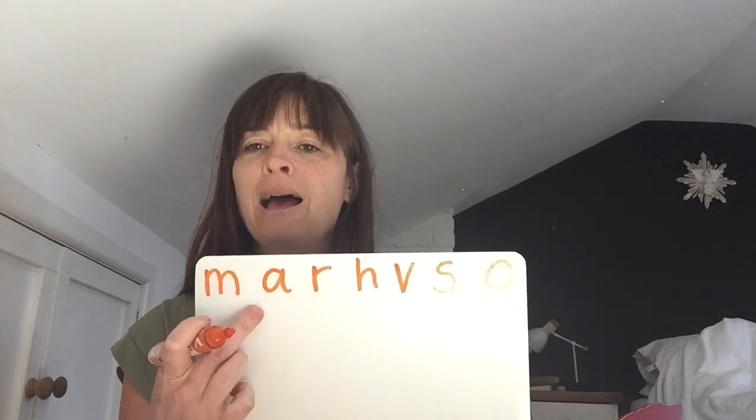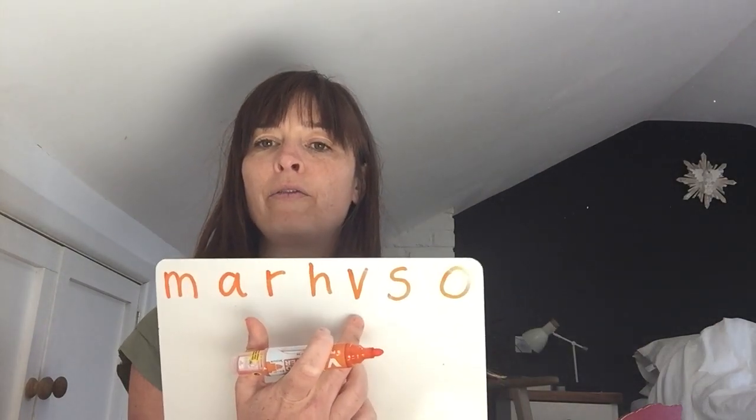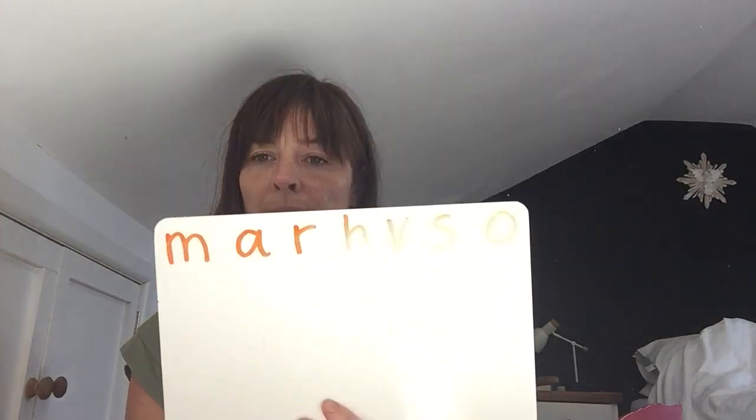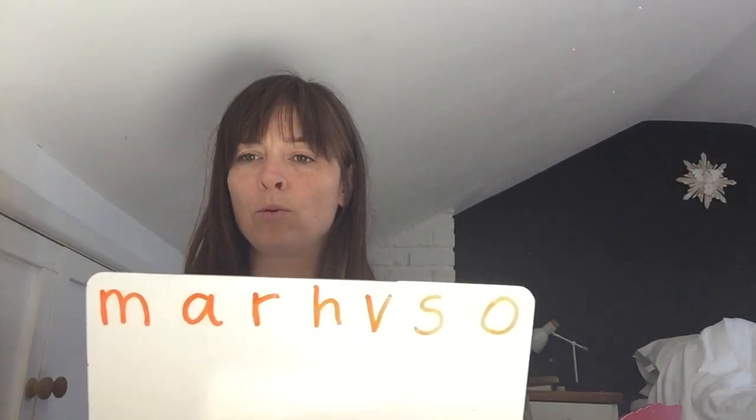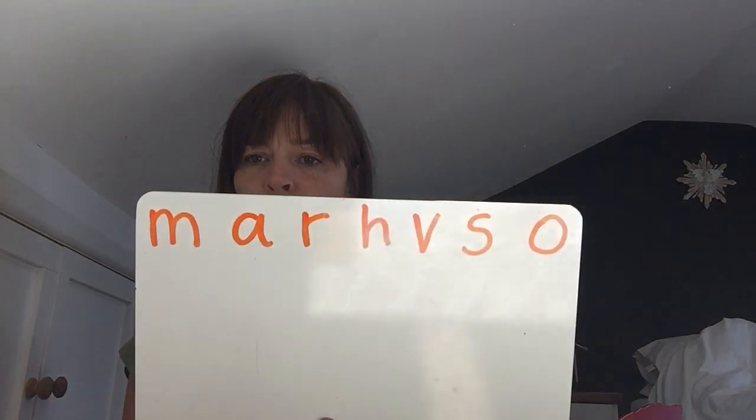You should have a, r, v, s, o. Pause if you need a bit more time to look at that and check you've got those ones. Okay, underneath those, can we have E for egg, K for cake, caterpillar, D for dinosaur, T for tower, and then S, but I'd like this to be a double S.